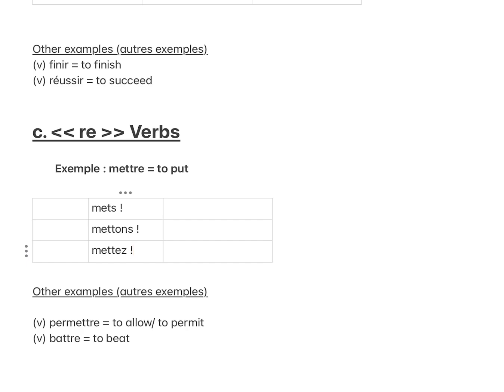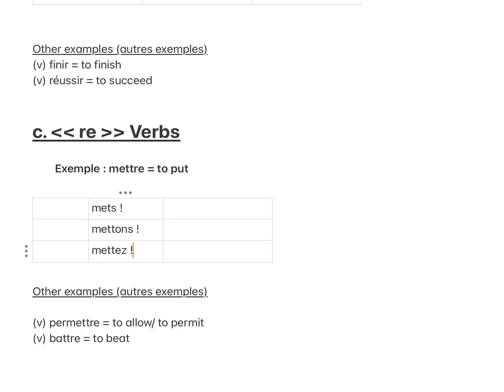So the same steps will be followed when making the imperative form for any regular RE verb, as long as it does not fall under the list of exceptional verbs, which we will see later.